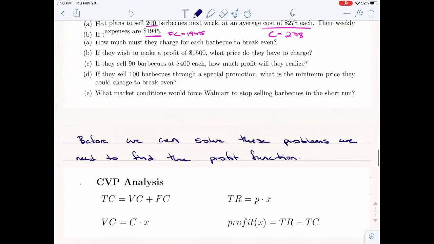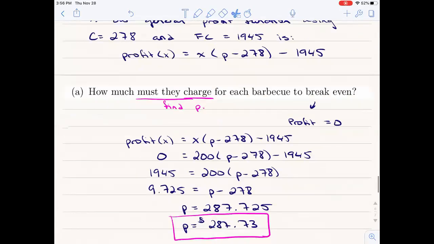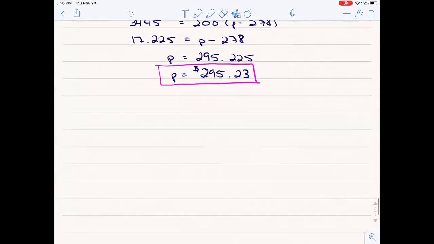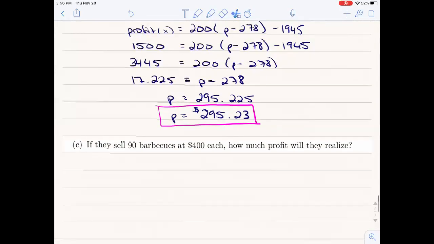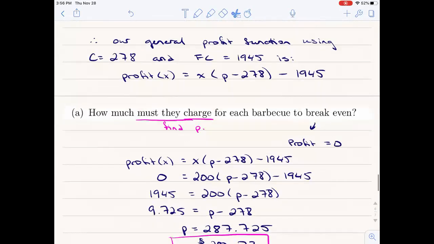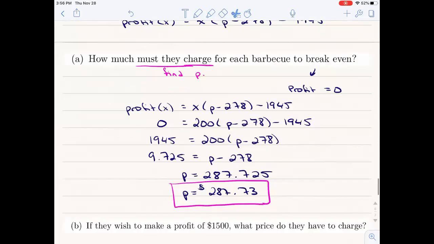For C then, this is where we're changing our X and our P. And I'm gonna just steal my general profit function that we did.